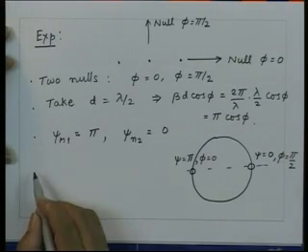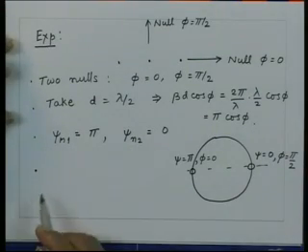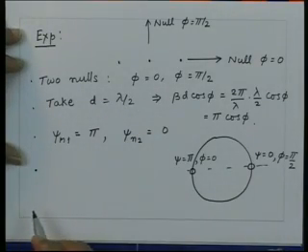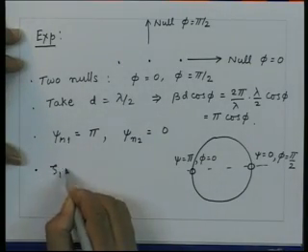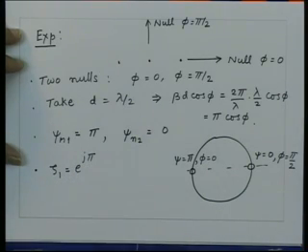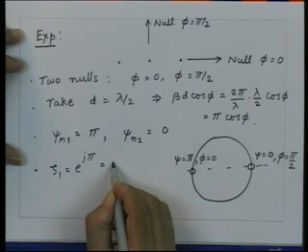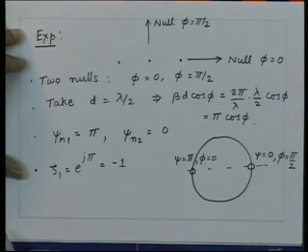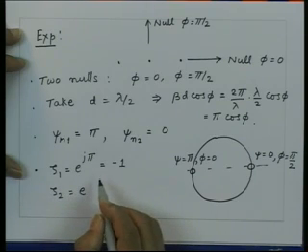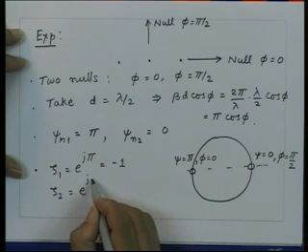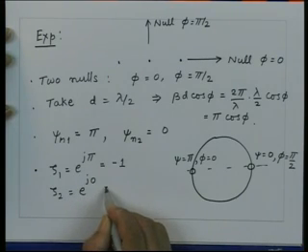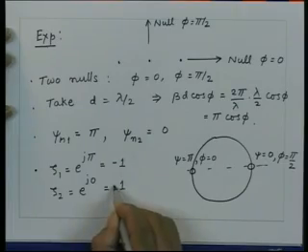Once I get this, then the roots of this polynomial which would define the radiation pattern for this would be zeta 1 equal to e to the power j pi, that is equal to minus 1, and zeta 2 will be e to the power j 0, that will be equal to plus 1.